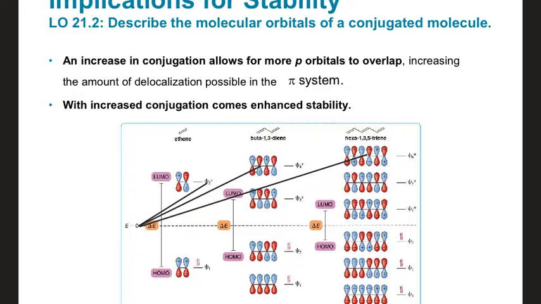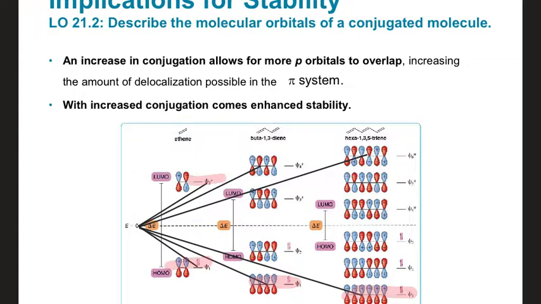Hexa-1,3,5-triene is even higher than buta-1,3-diene. And the same could be said for the bonding orbitals. Right? That hexa-1,3,5-triene, its most stable orbital is lower in energy than the most stable one for buta-1,3-diene, which is more stable and lower in energy than the most stable one for ethene, the HOMO.